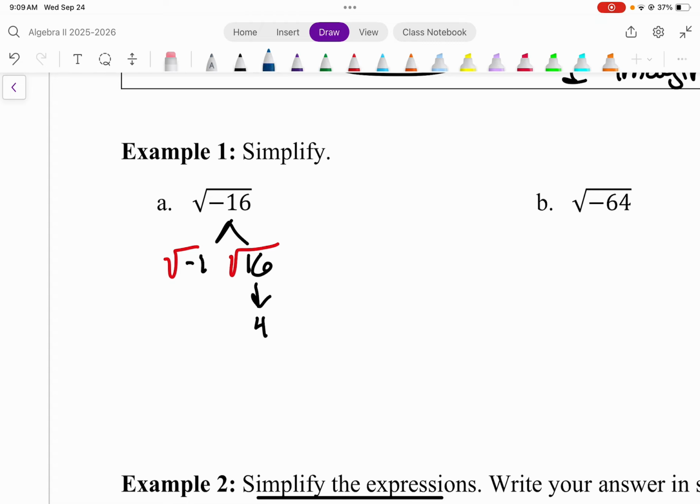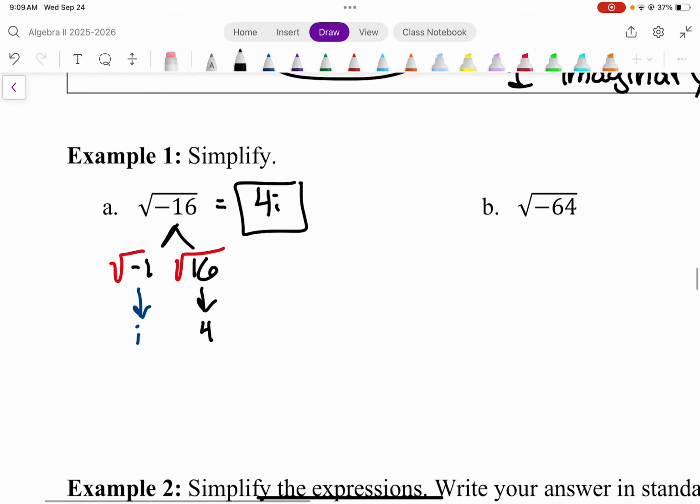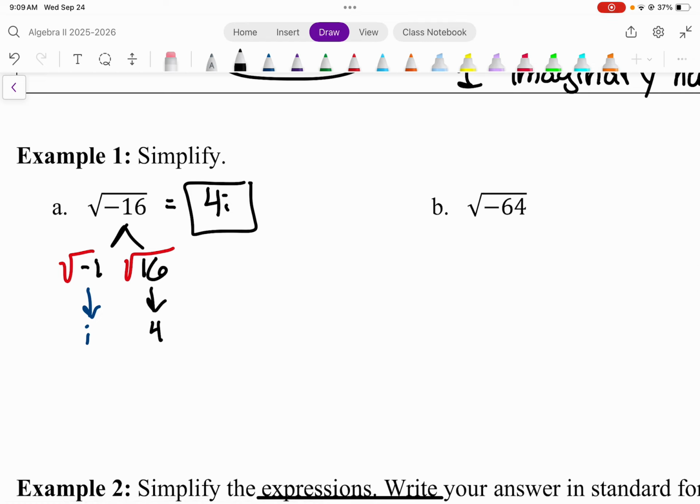And we just talked about how when we see the square root of -1, that is going to be equal to i. Once we get this simplified, then you would just write your final answer as 4i. The only thing that's changing with our simplifying radicals is if it's a negative, we add an i to our answer. That's the only thing we're adding with our radicals.